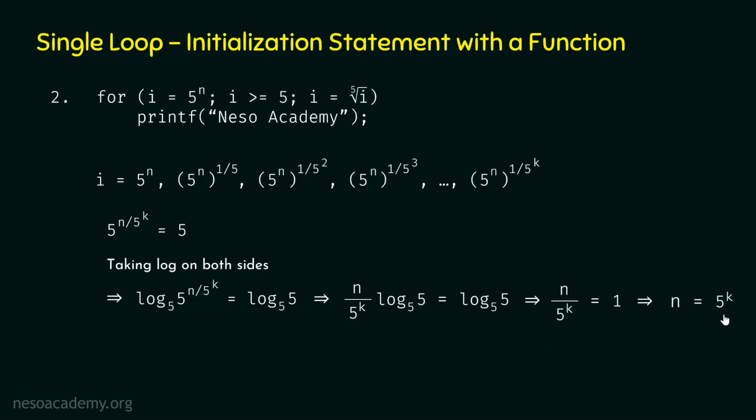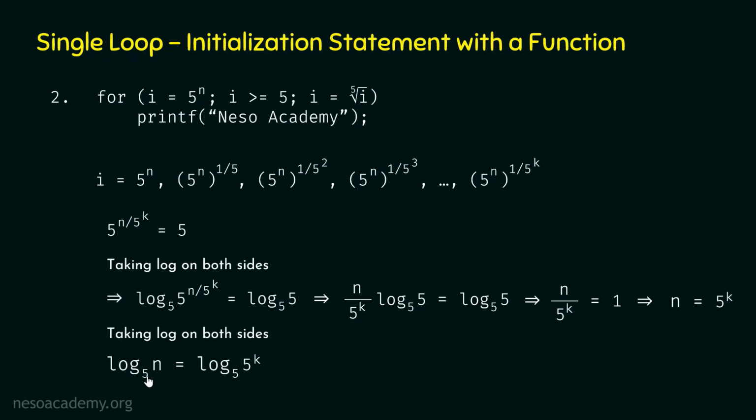So n is 5 power k, but we want to find the value of k in terms of n. For this, we need to bring k to the base, and this can be done through logarithm. Let's take log base 5 on both sides because we have the constant 5 here. So now let's apply log base 5 on both sides. We will get log n base 5 in the LHS of the equation, and log 5 power k base 5 in the RHS of the equation.